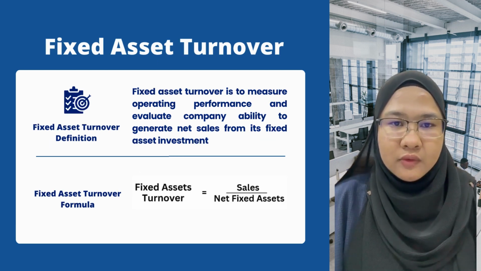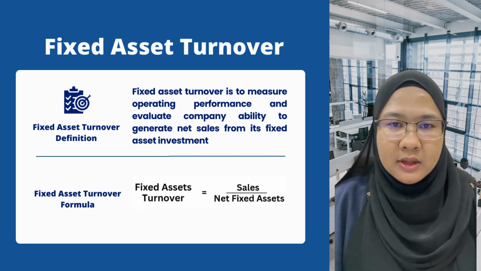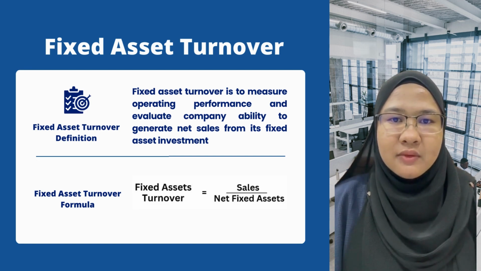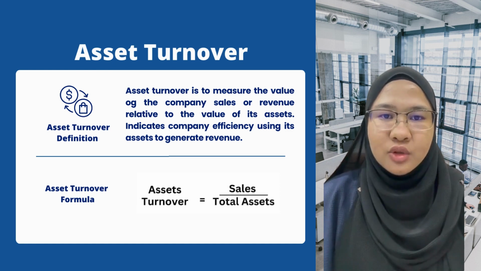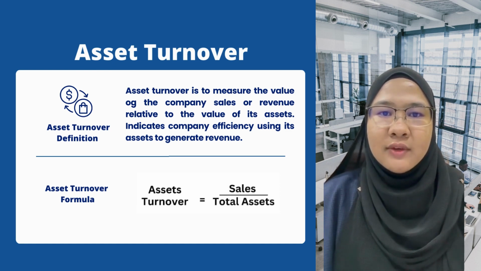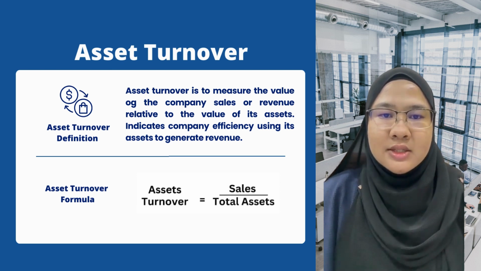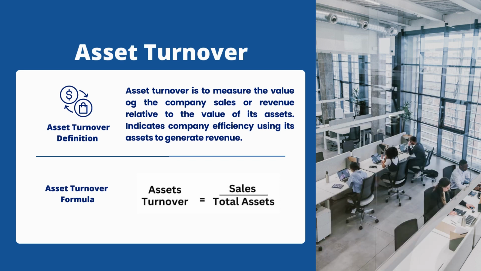Fixed asset turnover measures operating performance and the company's ability to generate net sales from its fixed asset investment. Asset turnover measures the value of company sales or revenue relative to the value of its assets. It also indicates the company's efficiency in using its assets to generate revenue.